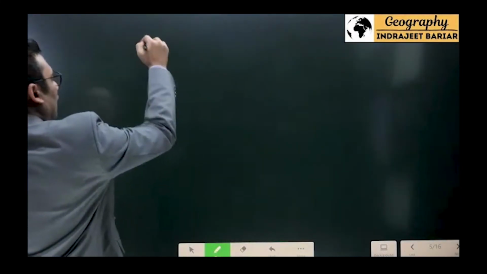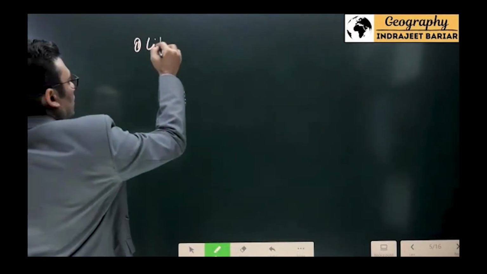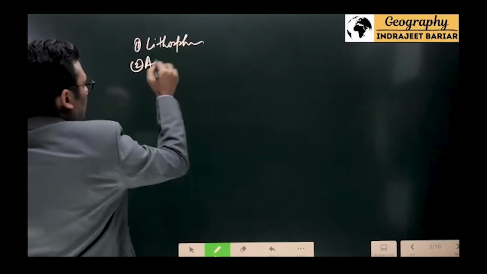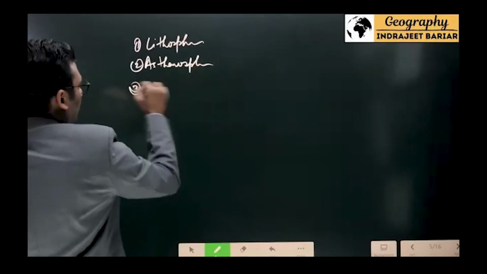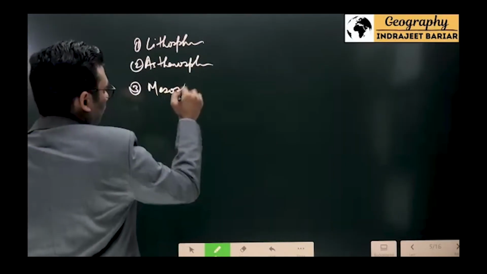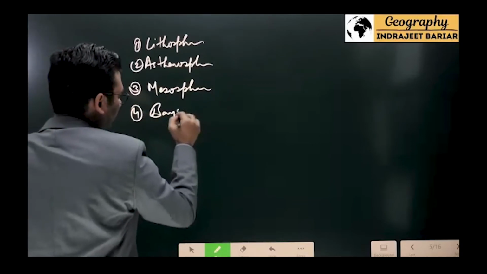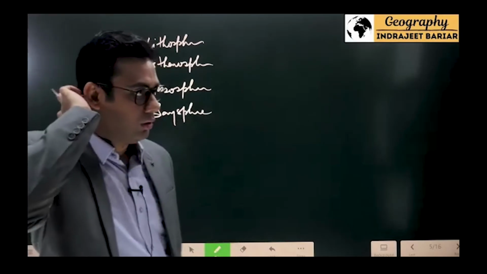Based on mechanical rigidity, now what do I have is 4 layers: lithosphere, asthenosphere, mesosphere, and barysphere. These are the 4 layers.